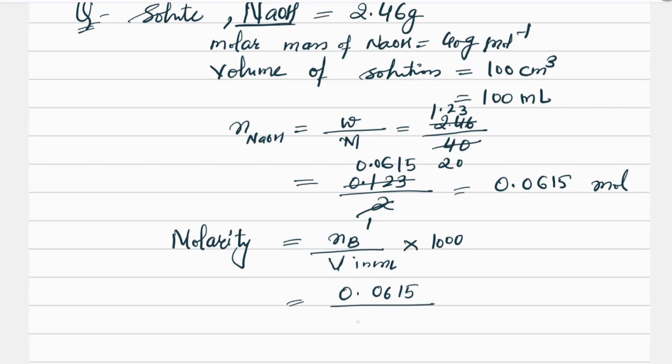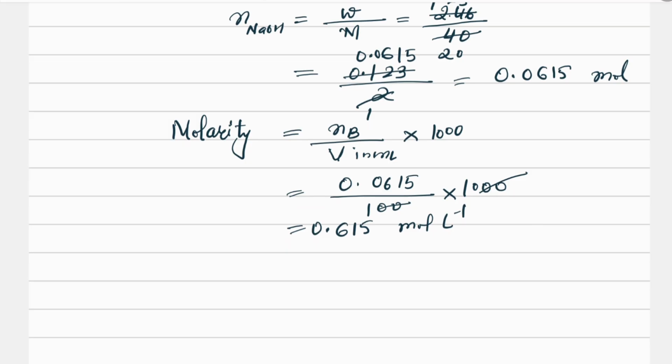So 0.0615 divided by volume, which was 100, into 1000. The zeros cancel, and it becomes 0.615 moles liter inverse, or you can directly write it as molar. So this is how the molarity is calculated.